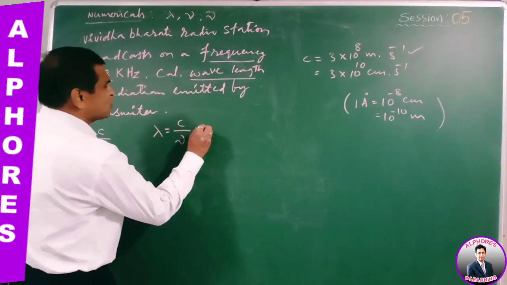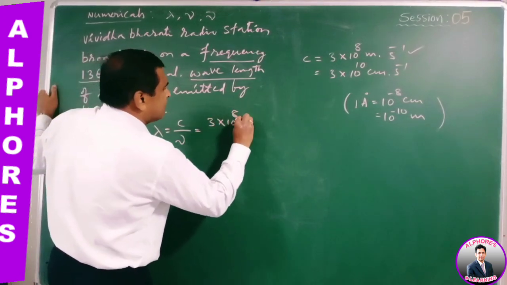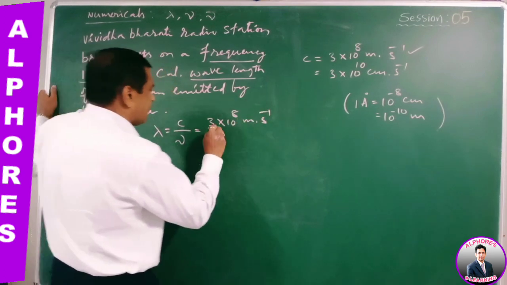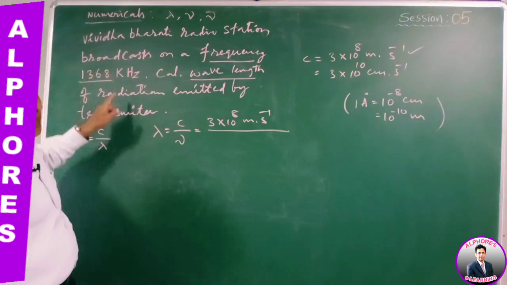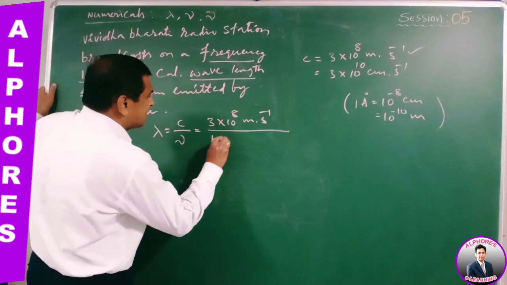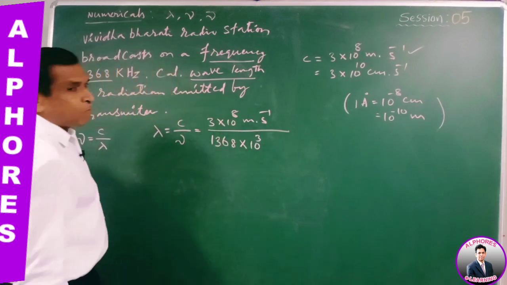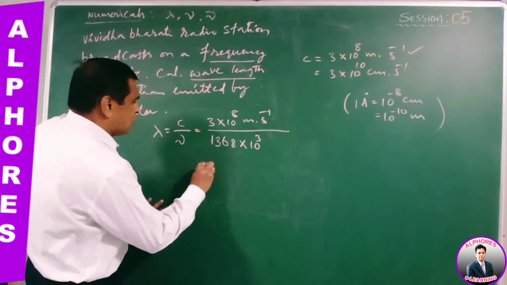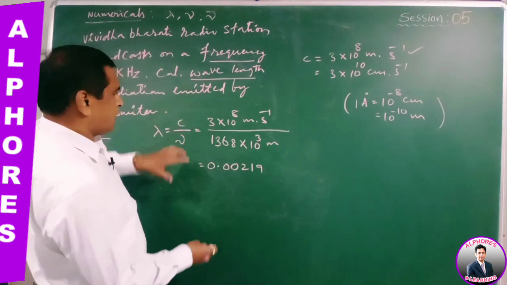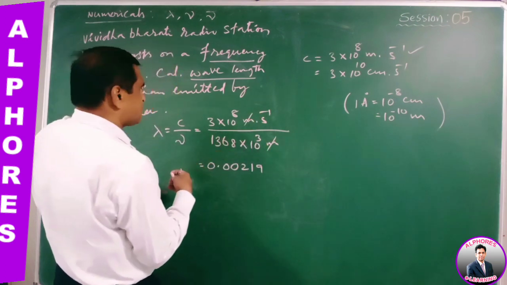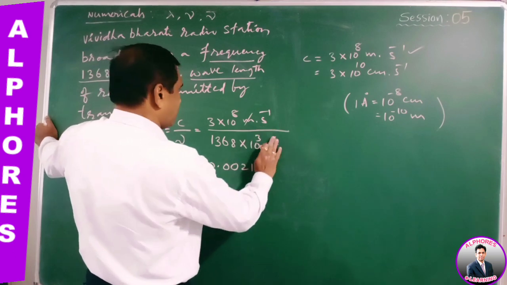Now c is the velocity of light, that is 3 into 10 to the power 8 meter per second, divided by the frequency of the radiation, that is 1368 kilohertz, so 1368 into 10 cube. On solving this, the meter cancels, and it is per second.